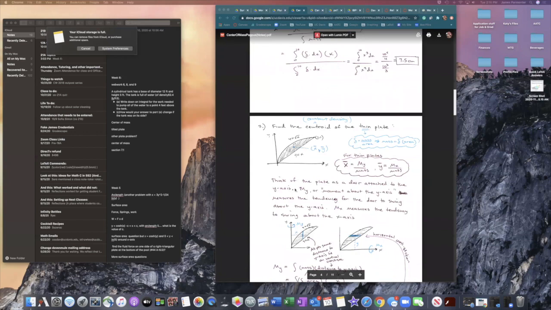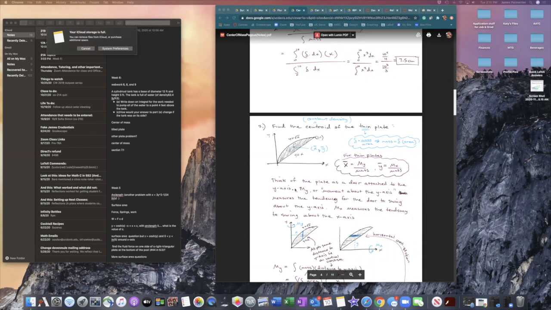As Grant has written here, think of the plate as a door attached to the y-axis. The moment about the y-axis measures the tendency for the door to swing about the axis, whereas Mx measures the tendency to swing about the x-axis.